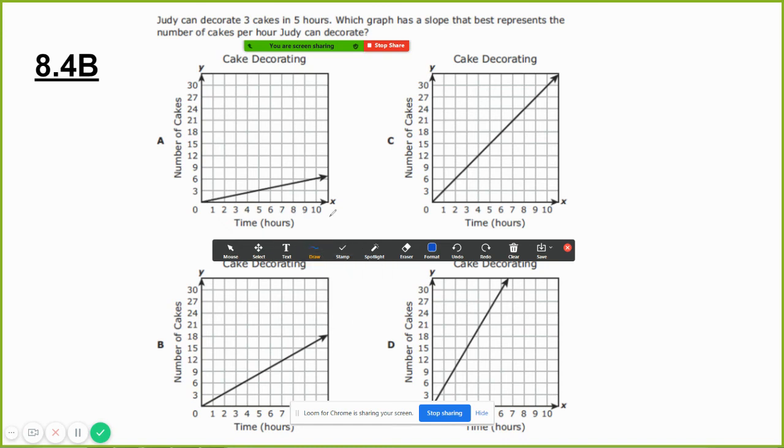So here's our time, and here's our cakes. So here's 3 cakes in 5 hours, and it looks perfect. It's right here. I'm not drawing so well. So 3 cakes in 1 hour won't work. 3 cakes in 2 hours won't work. And we can't even see where this one goes, and it's not going to be the right one. But 3 cakes in 5 hours, so your answer would be A.